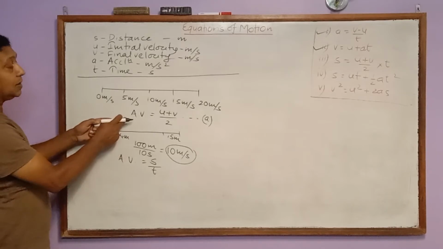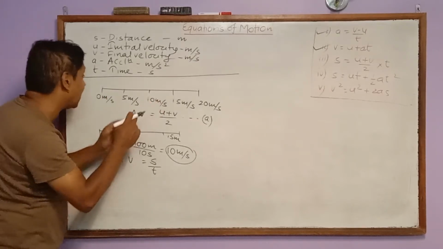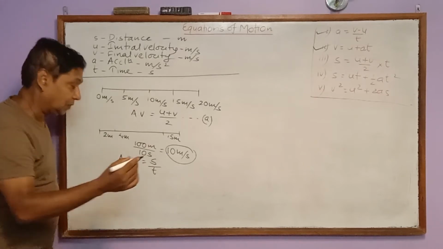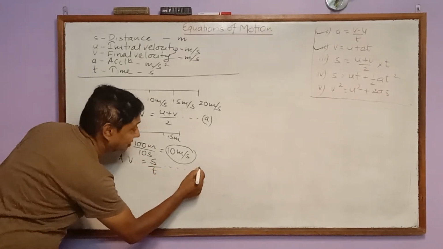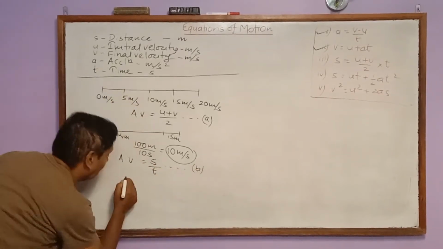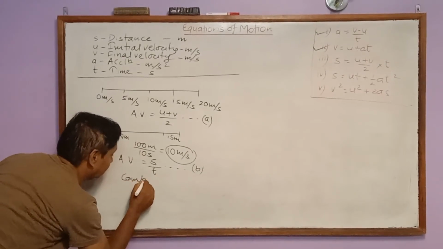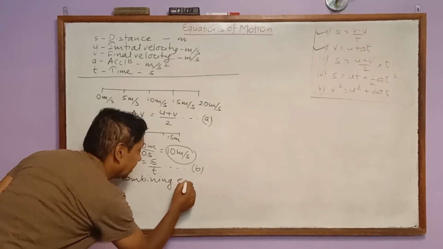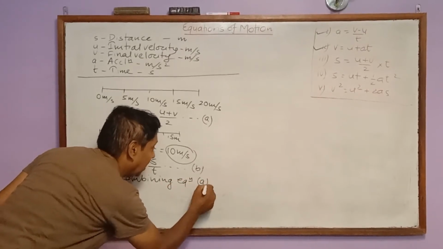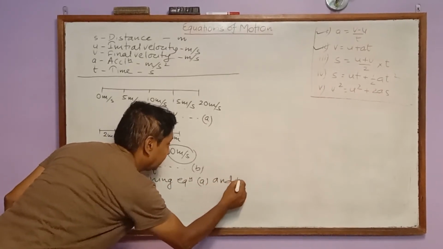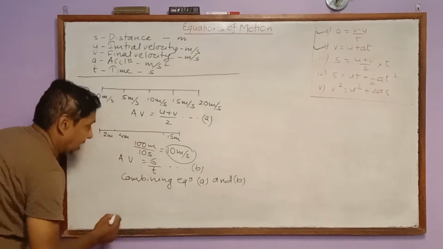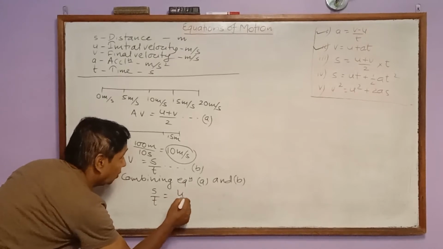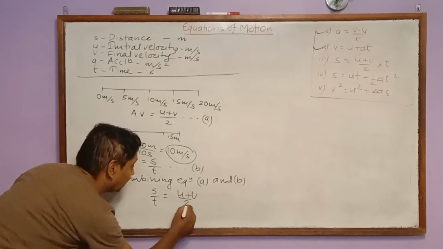That's why average velocity is not only (u plus v) by 2, but average velocity is equal to s by t also. That's why we can write this as B. And combining equation A and B, s by t is equal to (u plus v) by 2.